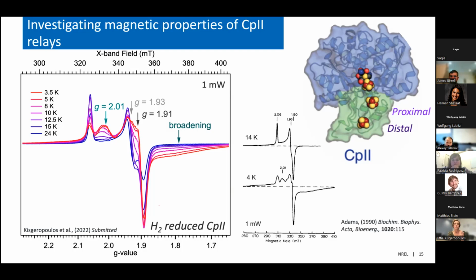So from this data, it wasn't just EPR; there was a whole suite of biophysical techniques that went into ascertaining what they could about these signals, looking at the potentials of them as well.